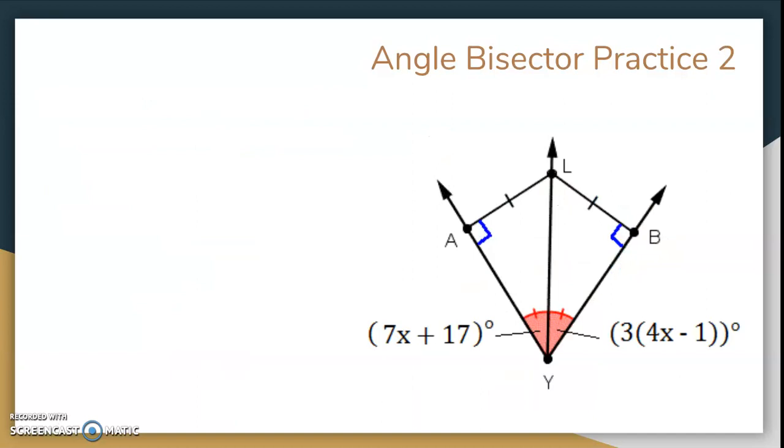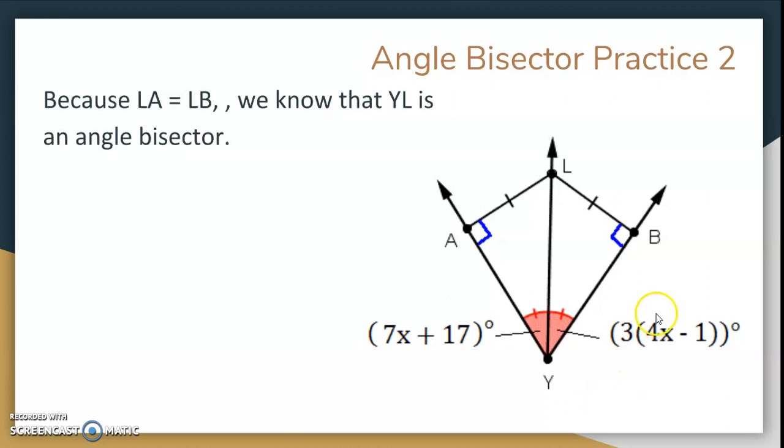Another one to practice. Try this one on your own. Excellent. So on this problem, I recognize at the top that LA and LB are congruent. They're marked as congruent and they're marked as perpendicular. So I know that they are, in fact, an equal distance from this line, which means that YL is an angle bisector.